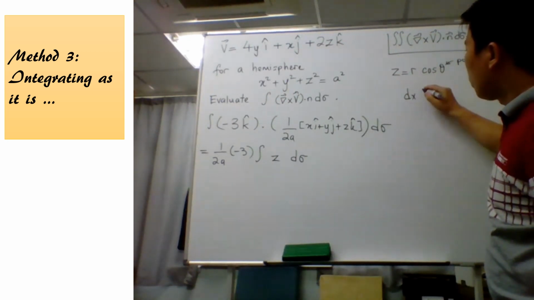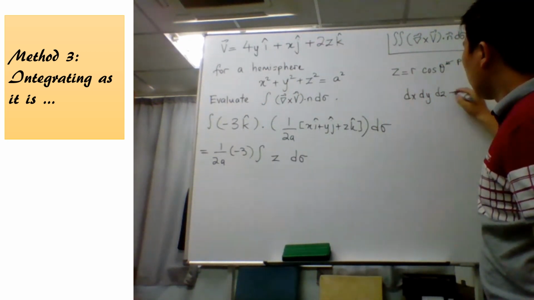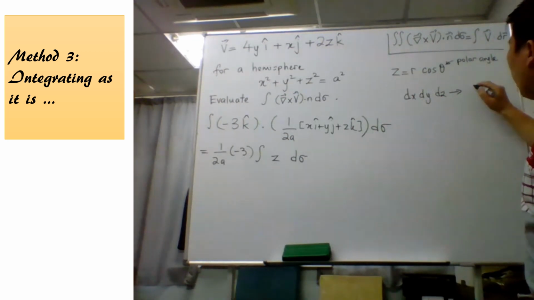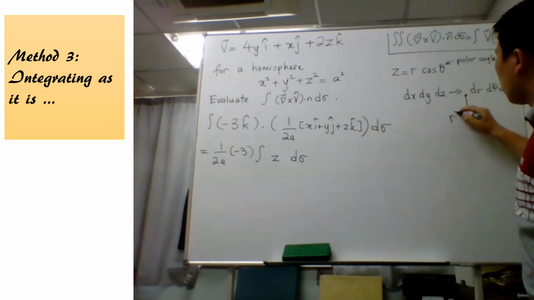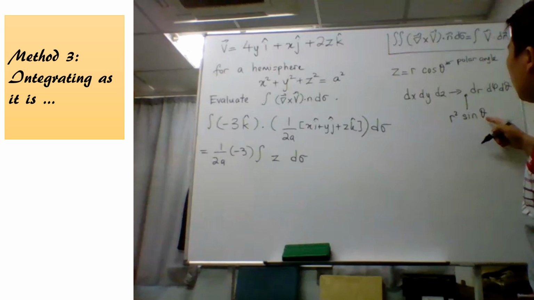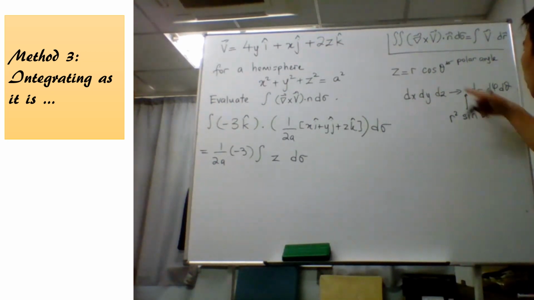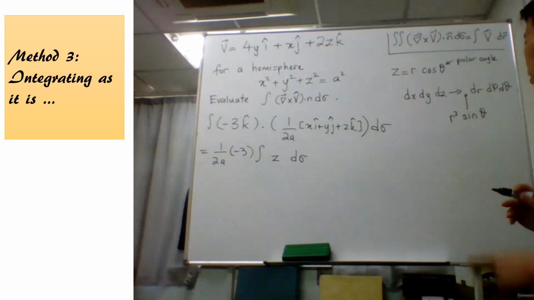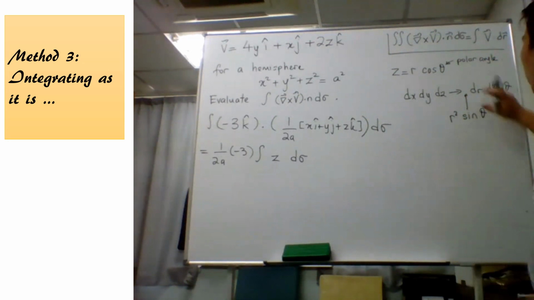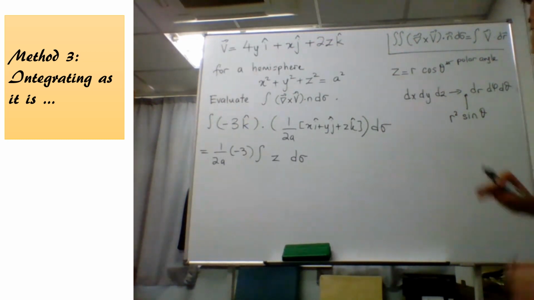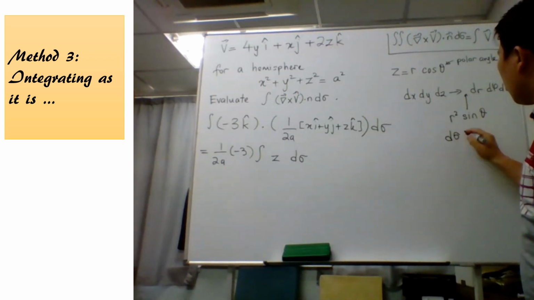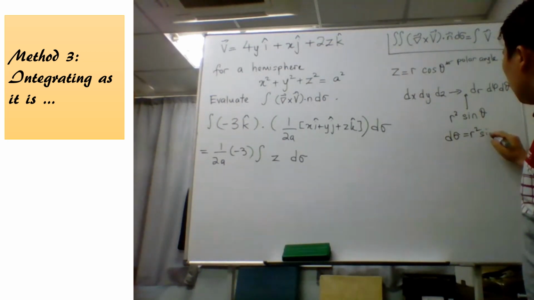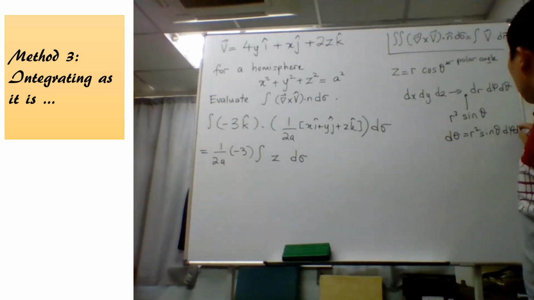If you remember, when you change dx, dy, dz from Cartesian coordinates to spherical coordinates, where you have dr, d phi, and d theta, you have an additional term, which is r squared sine theta, where this theta is the polar angle measured from the z axis. Here we do not have a dr because your radius is constant. So here you can write d sigma as r squared sine theta d phi d theta.